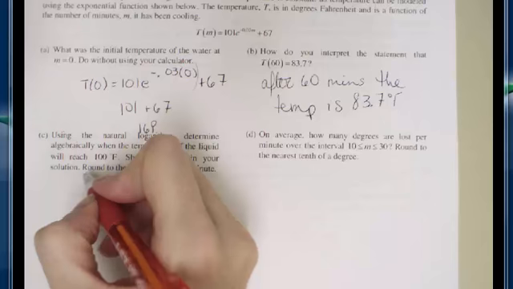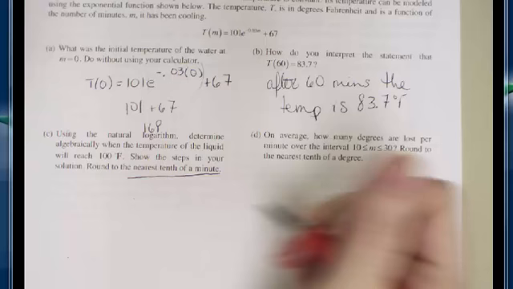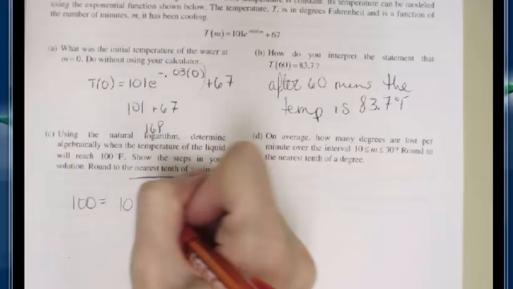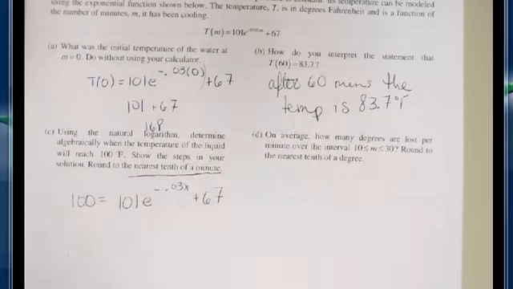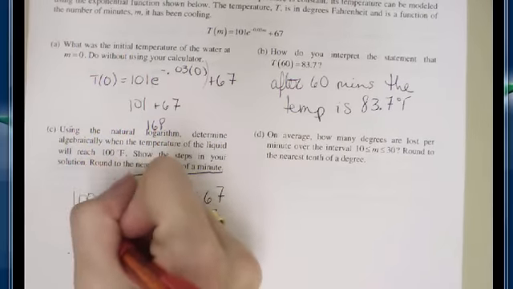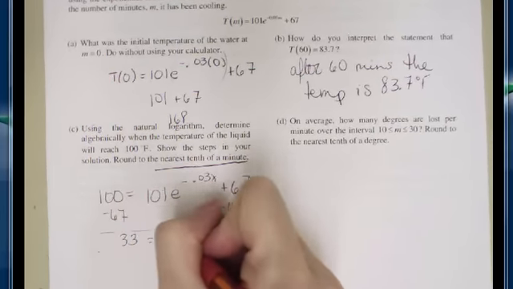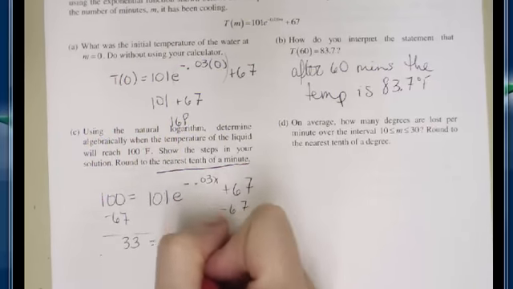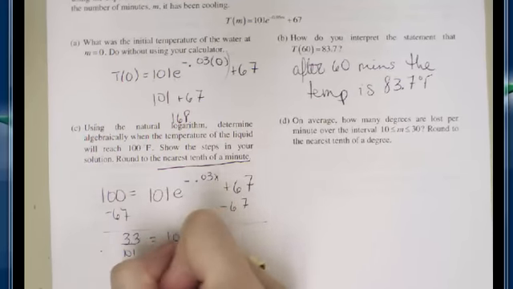Okay, next one, when is it going to reach 100? Now this is very specific instructions, nearest tenth of a minute. So plug the 100 in here. Step 1, move things away, subtract 67. Next, divide. And again, leave it as a fraction.